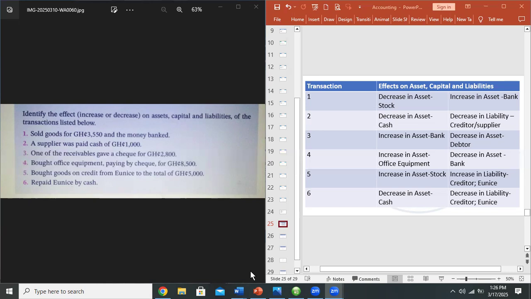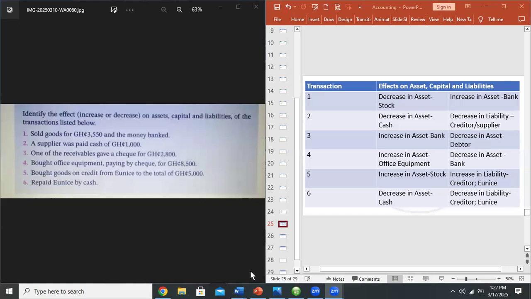Now, let me use another example. So let's say Eugenia or Oswald or Austin, you take yourself as a business and then you use 100 Ghana cedis to buy a bag from Melcom. So you, Augustine, as a business, if you are looking at the impact this transaction has on you, you said, okay, you are getting a bag and you are also losing money. The bag is an asset. The money is also an asset.